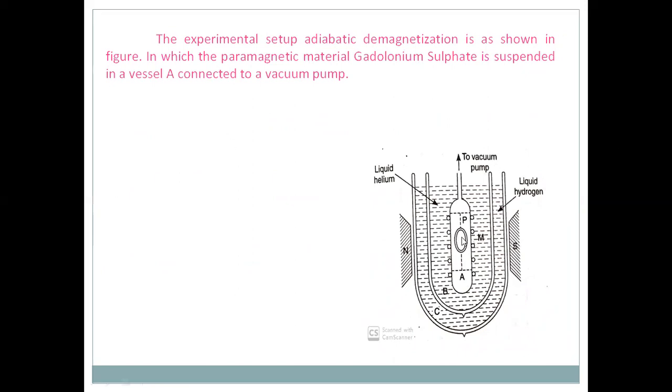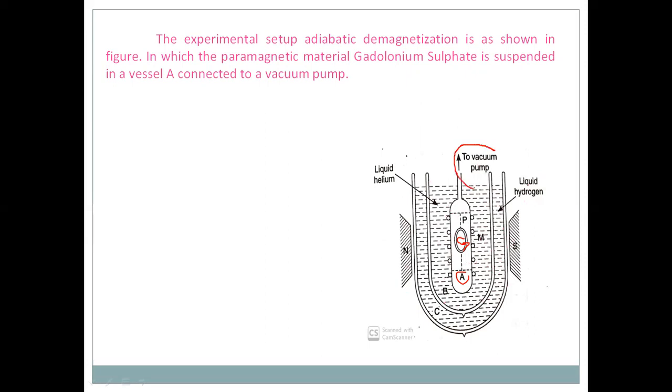In this, the center material is gadolinium sulfate, used by Giauque and McDougall. This is the gadolinium sulfate material. It is suspended in this vessel A. Of course, this is surrounded by helium gas and connected to the vacuum pump.